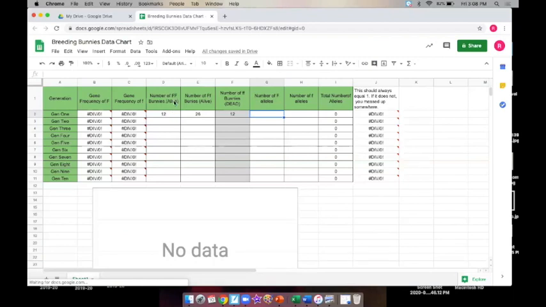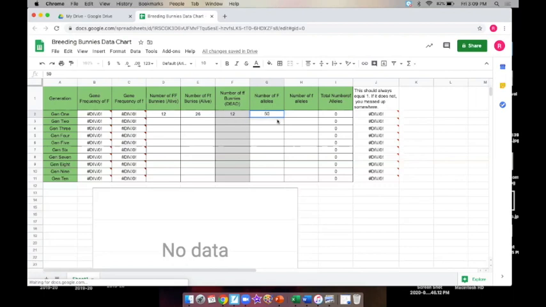So we got 12 rabbits with 2 big F's, that's 24 big F's, plus 26 big F's. 24 plus 26 is, that's 10, carry the 1, 50. All right, 50 big F alleles.